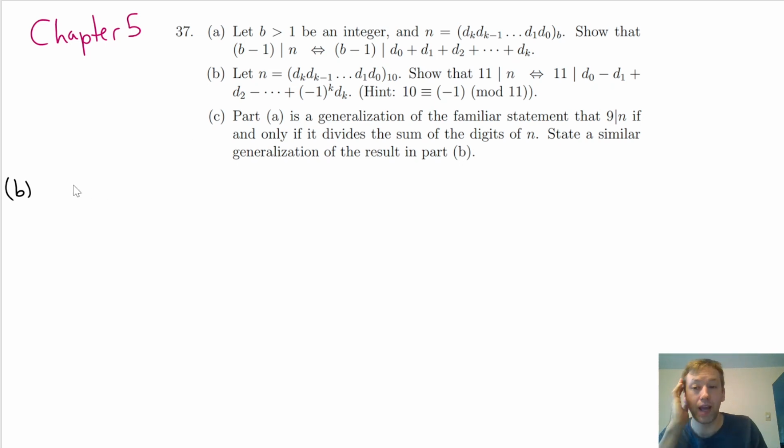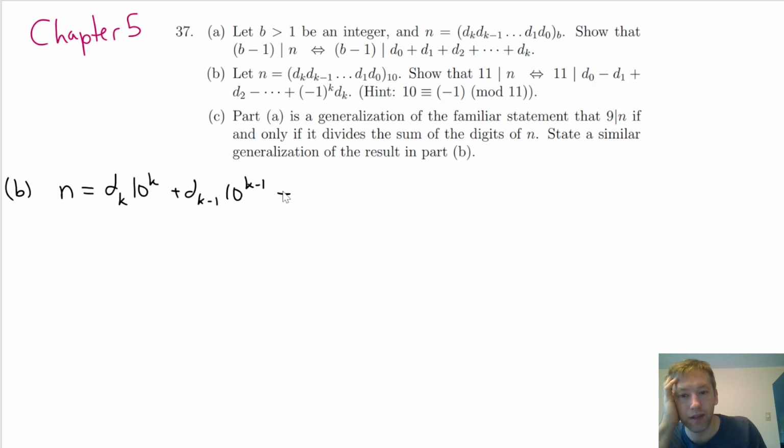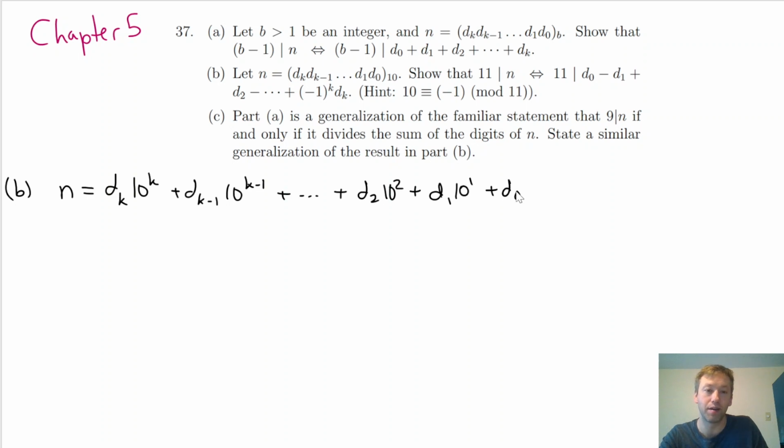So again, we're just going to say n is dk 10 to the k plus dk minus 1 10 to the k minus 1, plus dot dot dot, d2 10 squared, plus d1 10 to the 1, plus d0 10 to the 0.